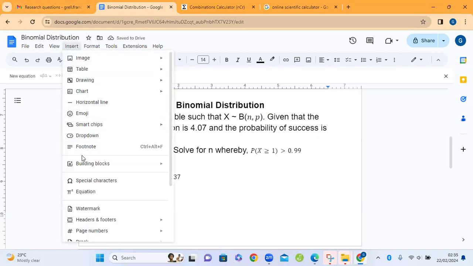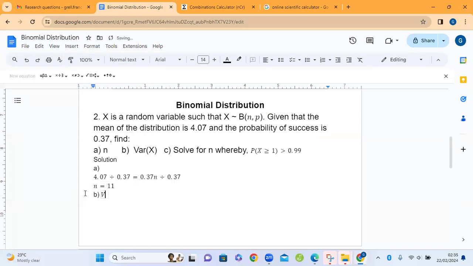Variance of x is equal to 4.07, that's np, times, open bracket, 1 subtract 0.37.